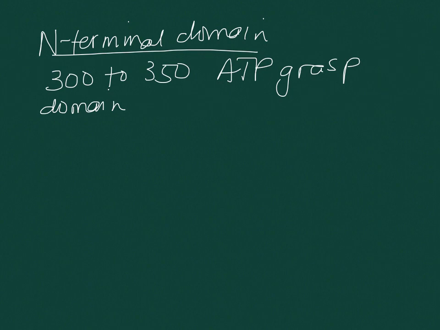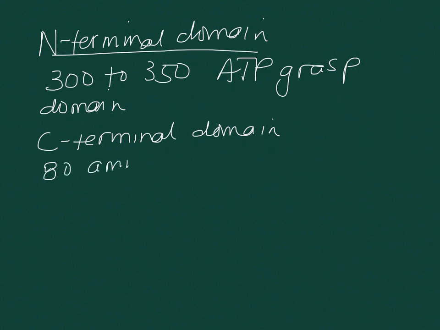We have a C-terminal domain, which is 80 amino acids, and this is our biotin binding domain.